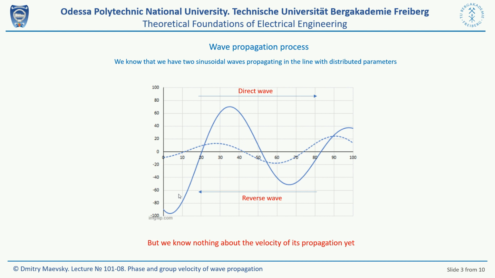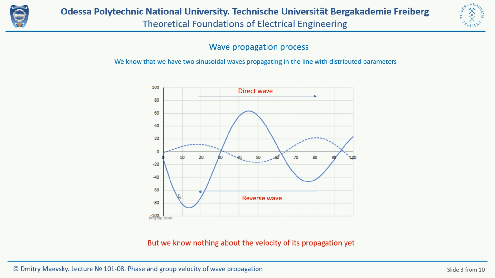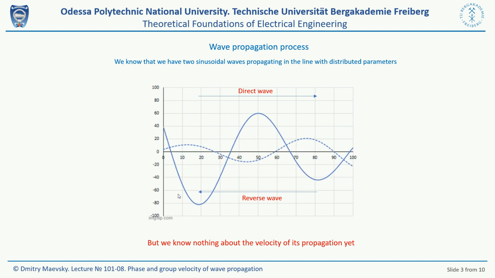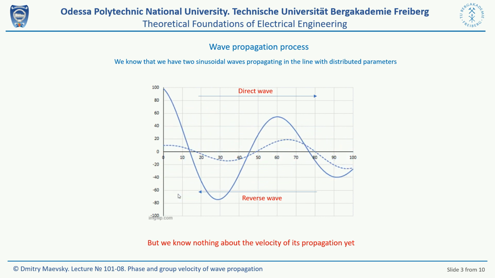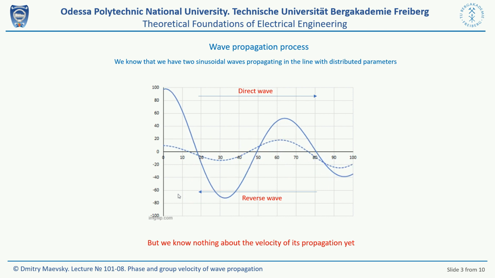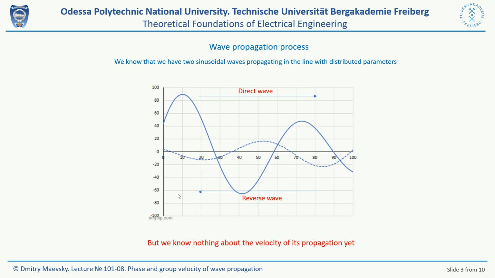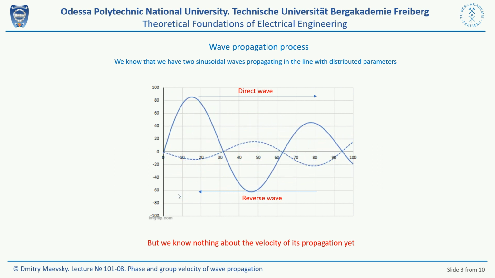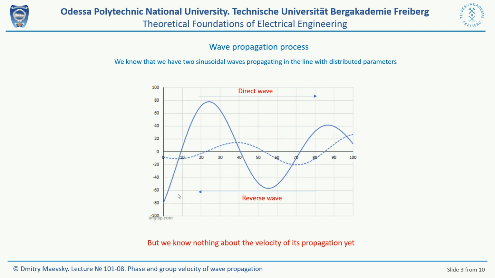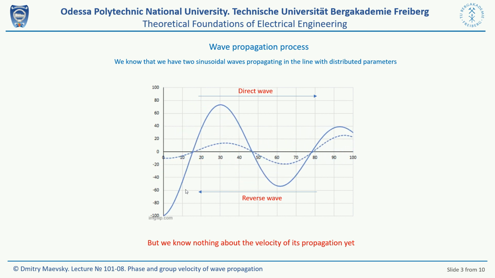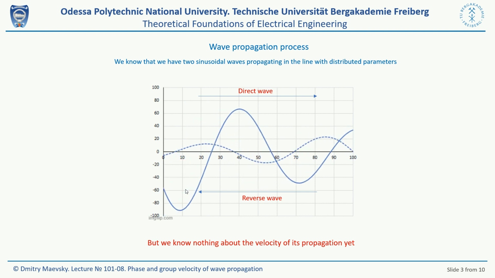These processes can be understood in more detail by looking at this picture. In this picture, the direct wave is shown as a solid line, and the reflected reverse wave is shown as a dotted line. From this picture, you can see that the waves in the line propagate at a certain speed.